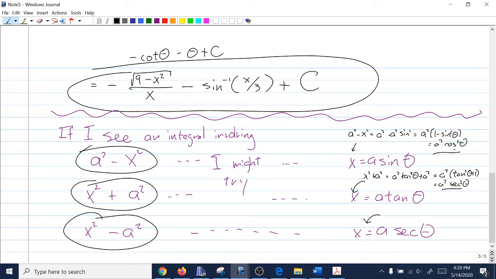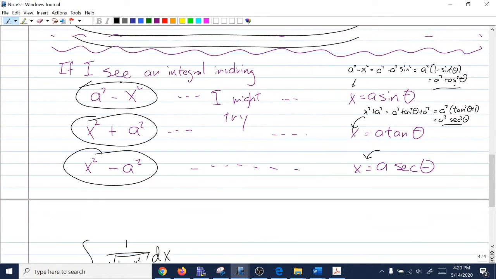Let's try this out. Let's do the integral of 1 over the square root of 1 minus x squared. What form do I see? I see this form with a is 1.